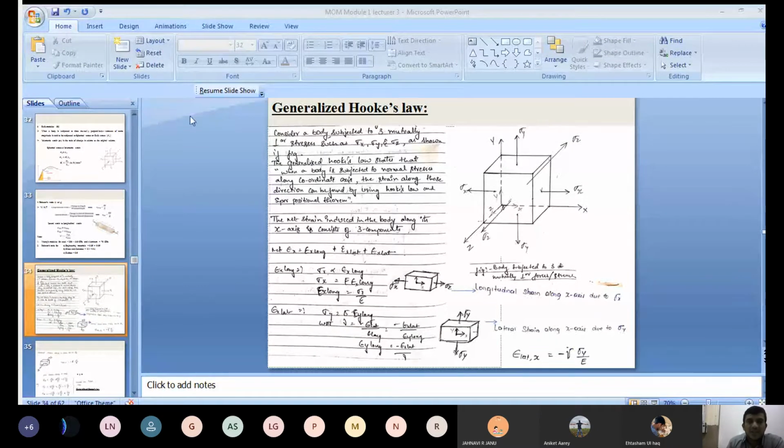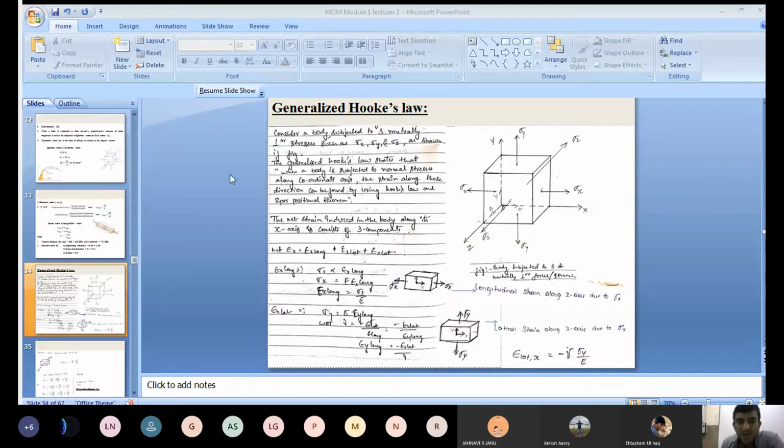See, the generalized Hooke's law states that when a body is subjected to normal stresses along the coordinate axes, the coordinate axes are OX, OY, and OZ. X, Y, Z are the coordinate axes. The strain along those directions can be found by using Hooke's law and the superposition theorem.